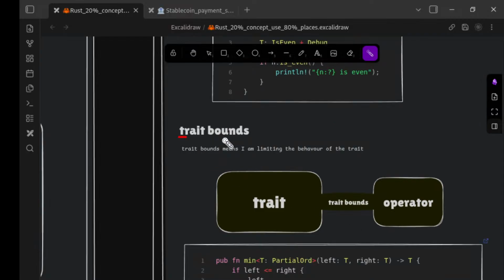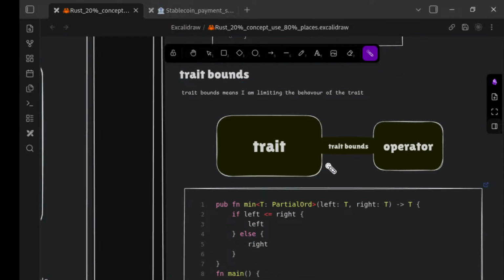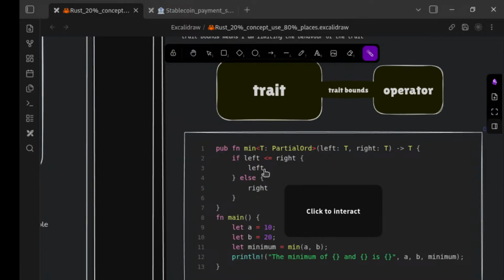So trait bound means my code has some behavior like increase, decrease.